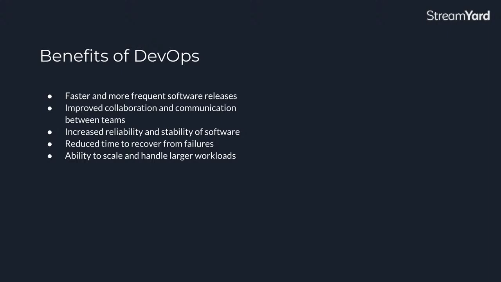Reduce time to recover from failures. All right, so there are sometimes when there might be a failure in your system. For example, if you notice, there are sometimes when you are trying to access Instagram, WhatsApp, right? And it's not working. Normally a DevOps engineer is always on call 24/7, right?